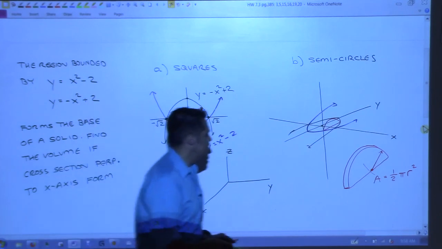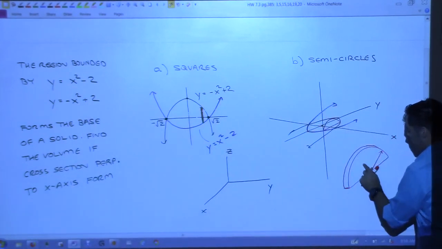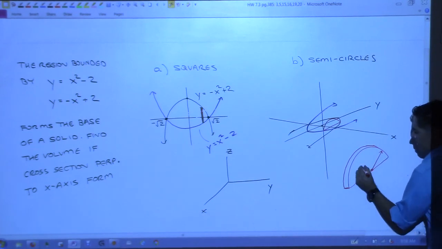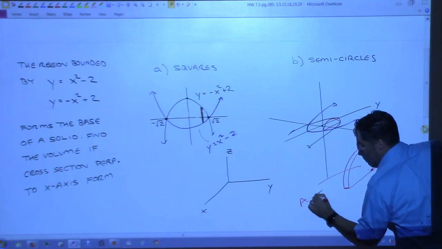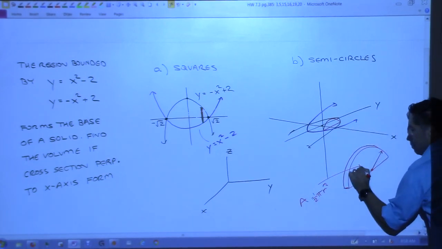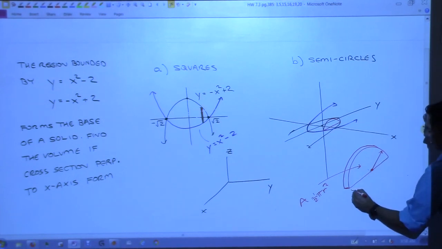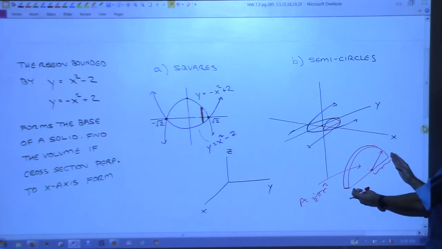The area of that is equal to half pi r squared. But this distance, not from here to here, but from here to here, is half of the distance from here to here, which we already said was what?